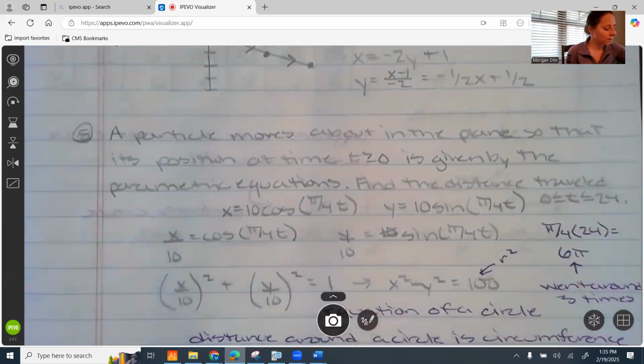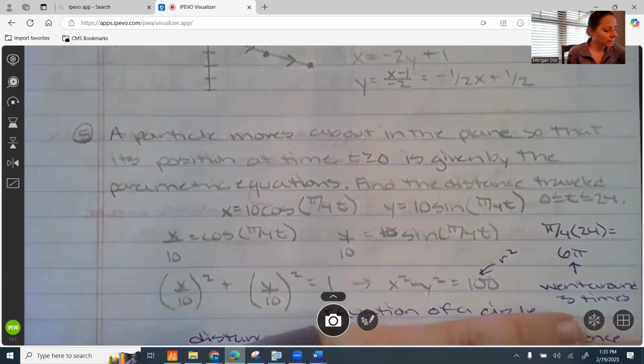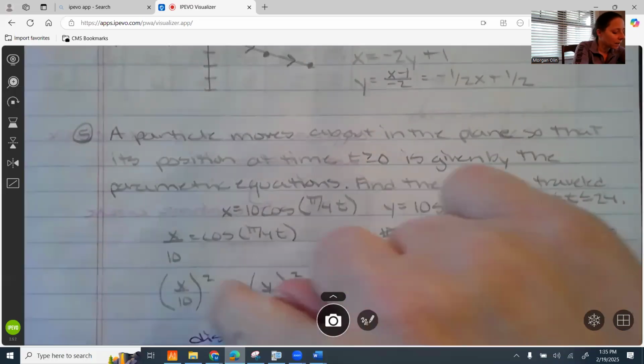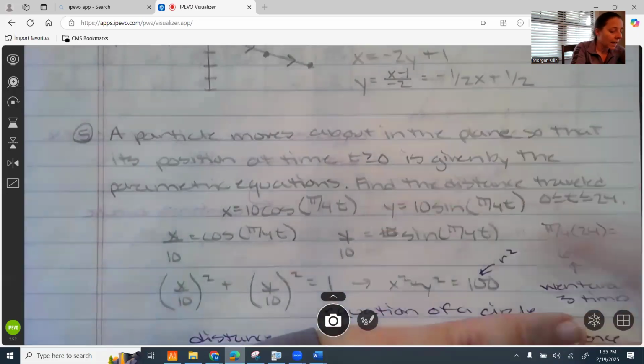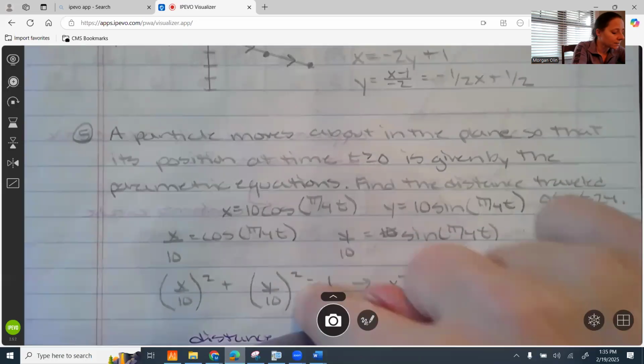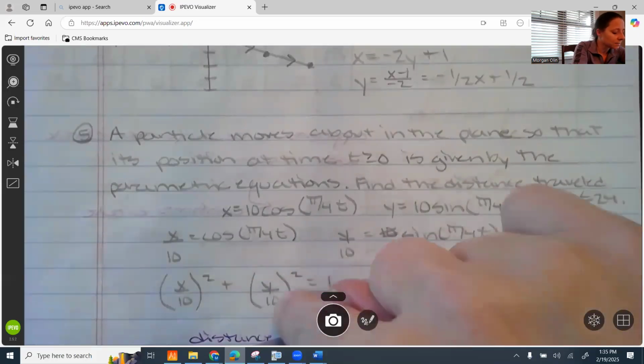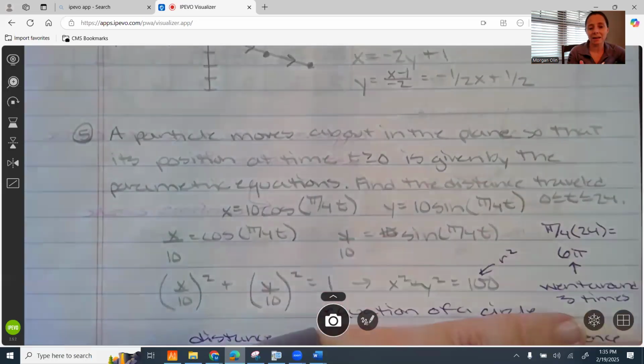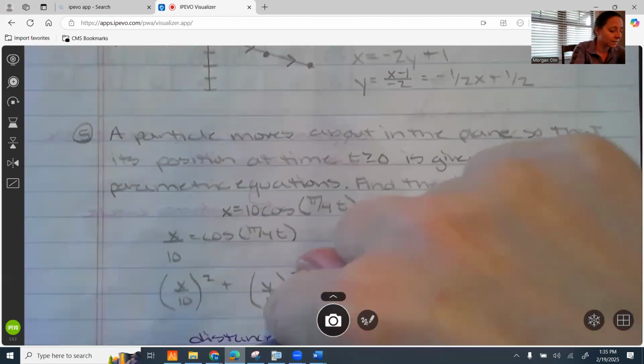Now this actually gives us, when we throw it into the equation sine squared theta plus cosine squared theta equals 1, we get this right here. Because the numbers underneath here are the same, it's not an ellipse this time, it is a circle.